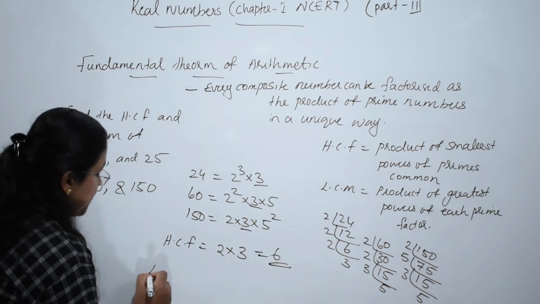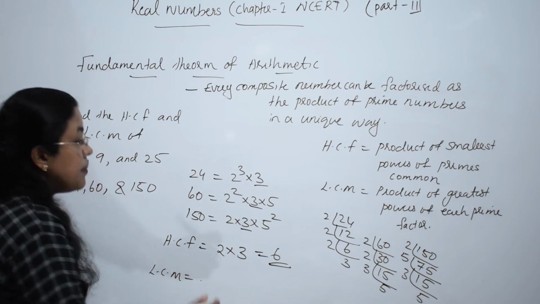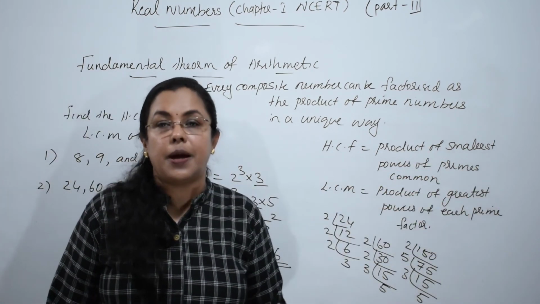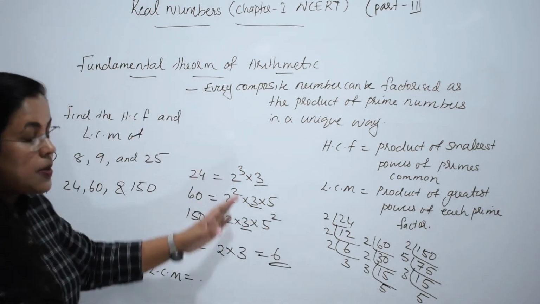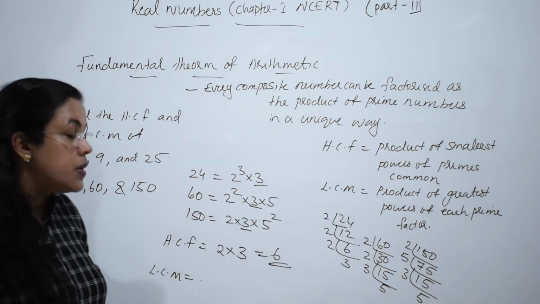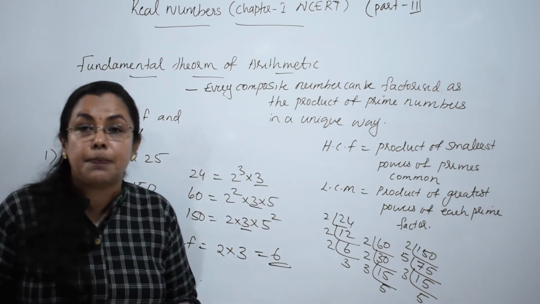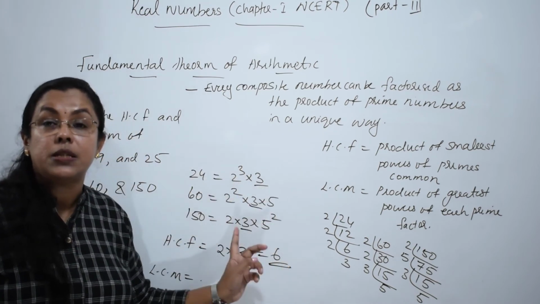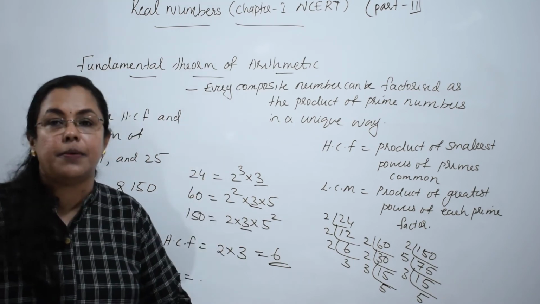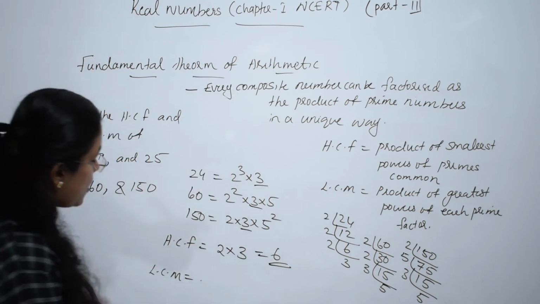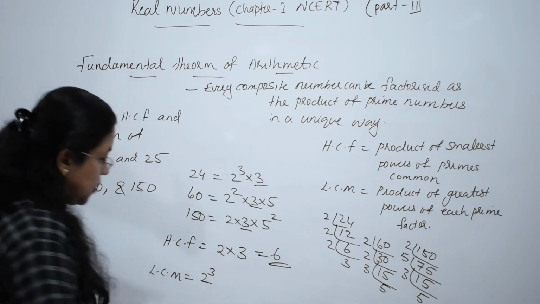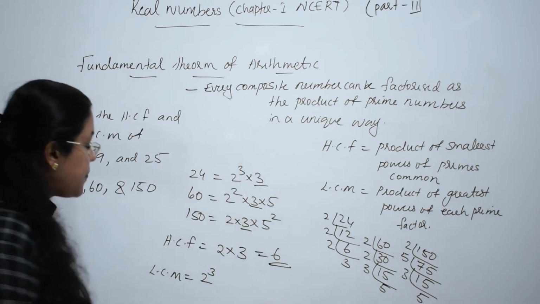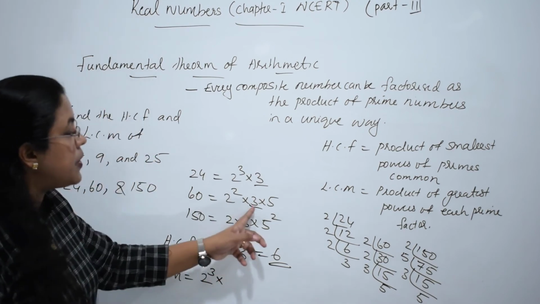Now LCM. What is LCM? LCM is the product of greatest powers of each prime number. What are the prime numbers here? 2, 3 and 5. What is the greatest power of 2? 2 square, 2 cube. The greatest power is 2 cube. Into what is the greatest power of 3?